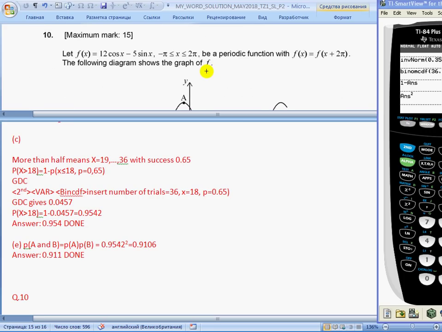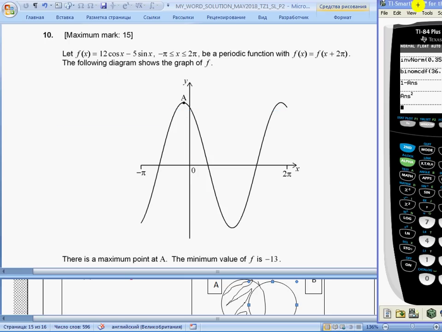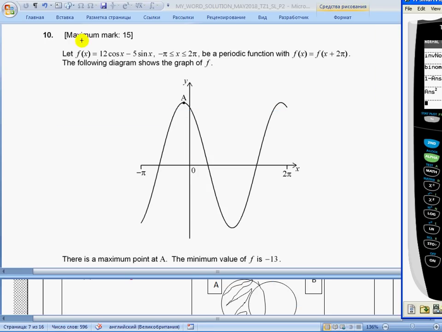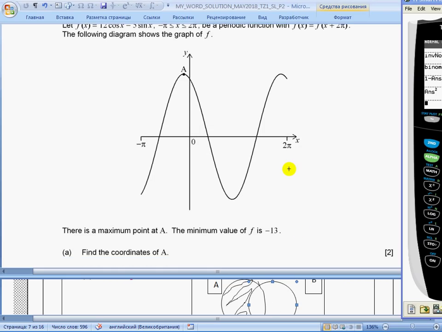Okay. Last question is about this function. So the function is drawn from minus pi to 2 pi. It has period 2 pi. First question is we should find this maximum.